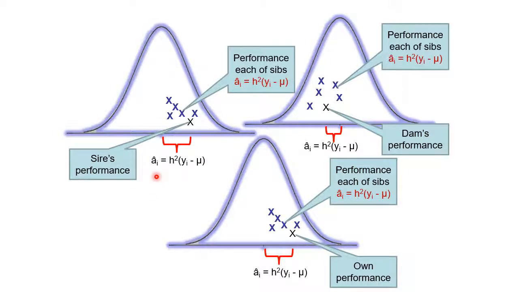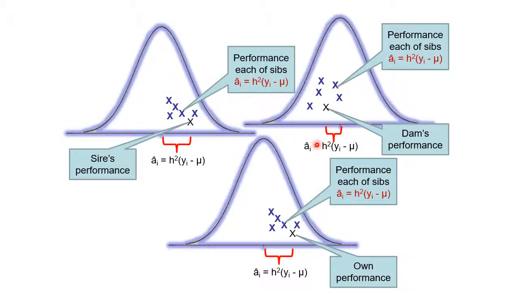So in a simple manner, we would say that the additive effect or the breeding value of this bull would be equal to the heritability multiplied by its own performance as a deviation from the mean of the group. So that will be a positive value because the animal is performing better than the mean.